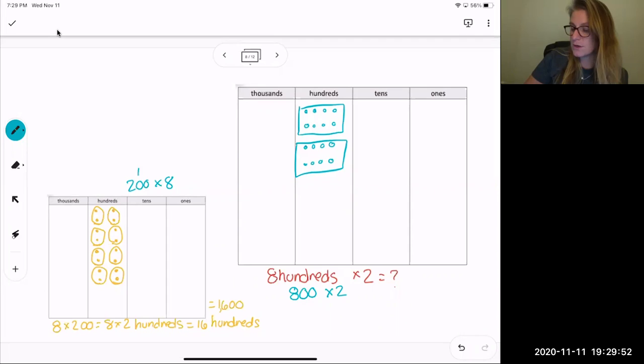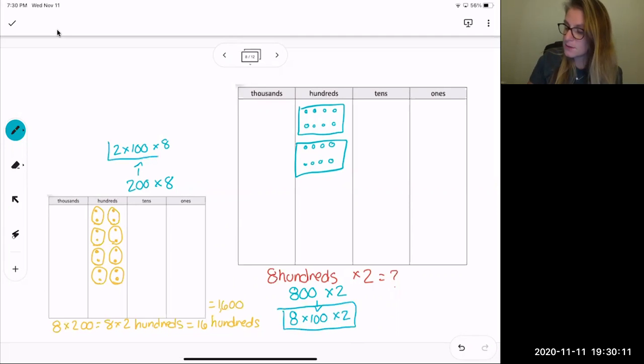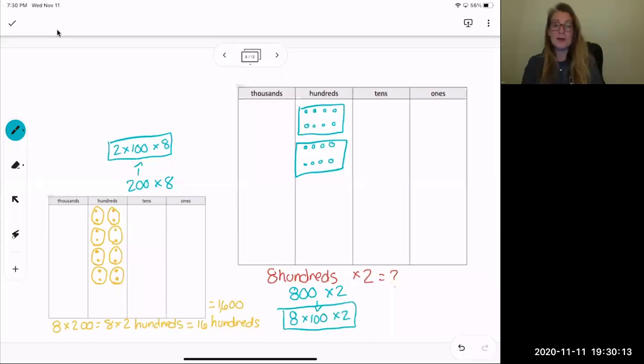Let's decompose this one. So looking at both of our decomposed problems, they have the same numbers in the problems. They're just in a little bit different order. But we know about multiplication is that you can move the numbers whichever way you want and put them in any order that you want to, and you're still going to get the same answer.